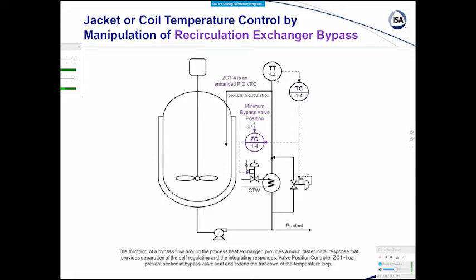That can be very confusing, and you may try to tune for that, and that's not what you want to do. The integrating response comes from the recirculation coming back around through here. So you have an inlet temperature to this heat exchanger that's changing, and there's an integrating effect from the vessel volume. And so you don't want to be confused by that.